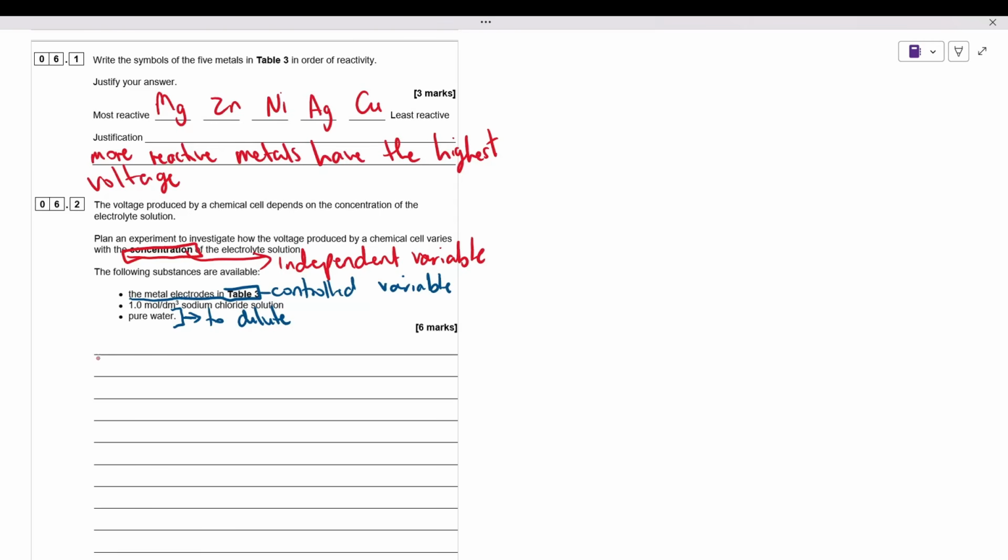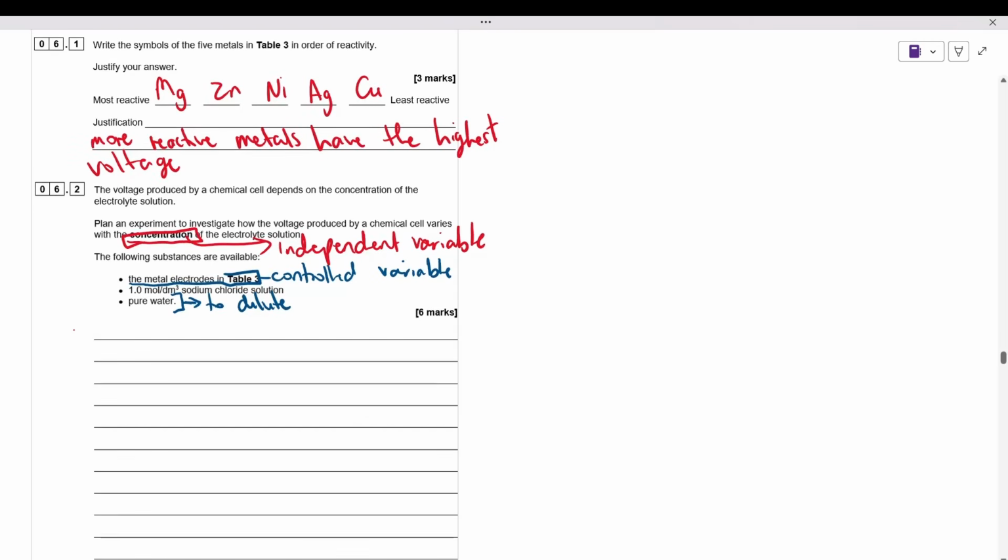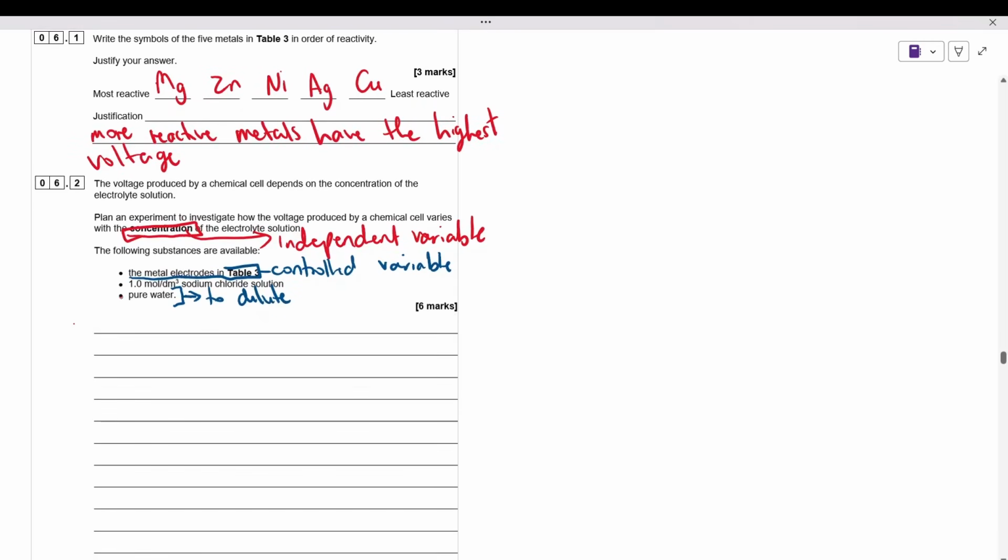Okay? So the first thing I'm going to do, I'm going to set up my electrolytic cell, right, using my sodium chloride solution, the one that I've been given. So 1, set up cell with sodium chloride solution as the electrolyte.